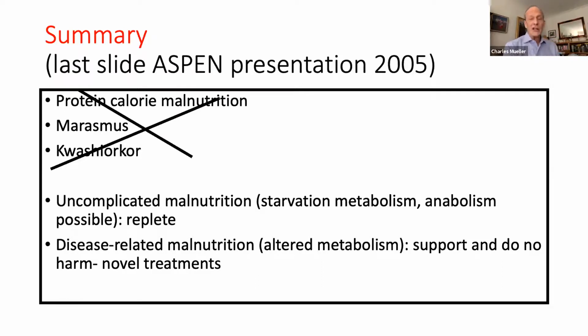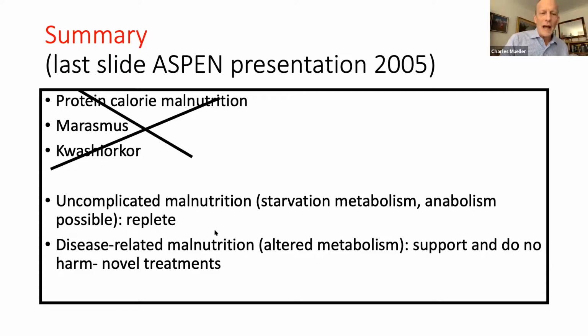In 2005, I gave a presentation at the Aspen conference that just happened this weekend. A lot of people got very mad at me because I wanted to get rid of these definitions. I said we really should distinguish patients between those who have uncomplicated malnutrition, that is to say starvation, and those who have disease-related malnutrition. In that group, you have altered metabolism. People with disease-related malnutrition do not have anabolic capability.